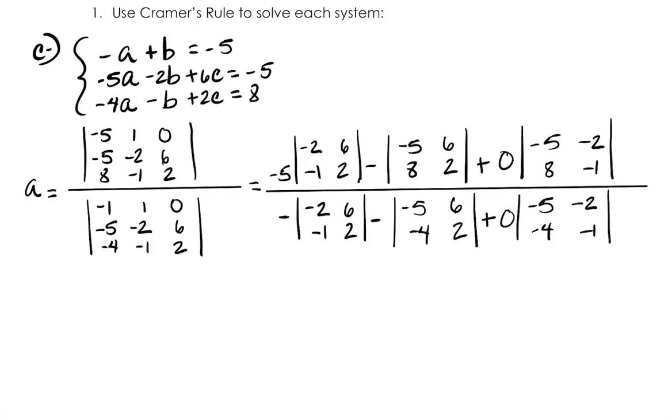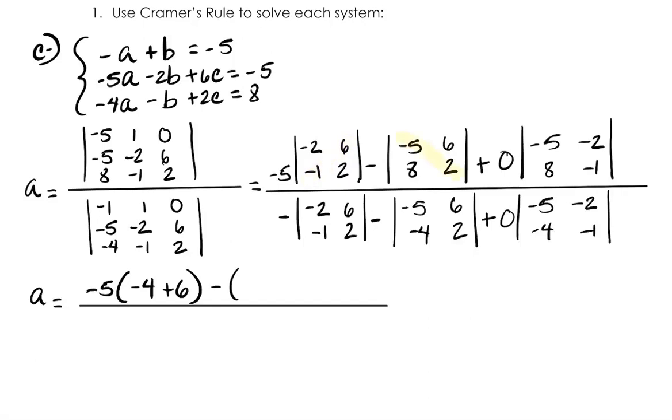Now we can solve the determinants to find a. First we have -5 that multiplies -2 times 2 minus -1 times 6, which is +6, minus -5 times 2 minus 8 times 6, plus any number multiplied by 0 is 0.